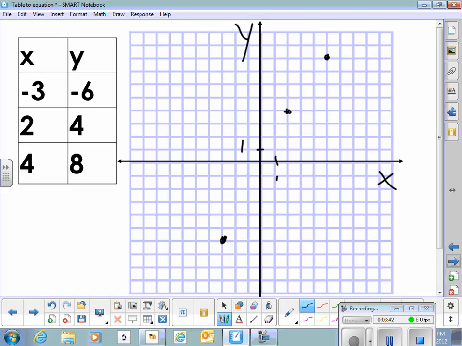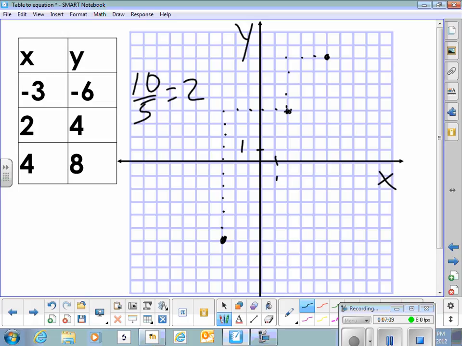To get from one point to the other, I go up 1, 2, 3, 4 over 3. Let's see what this one is. This one is up 1, 2, 3, 4, 5, 6, 7, 8, 9, 10 over 1, 2, 3, 4, 5. So that one has a slope of 10 over 5, which is 2, which does not match the other one.